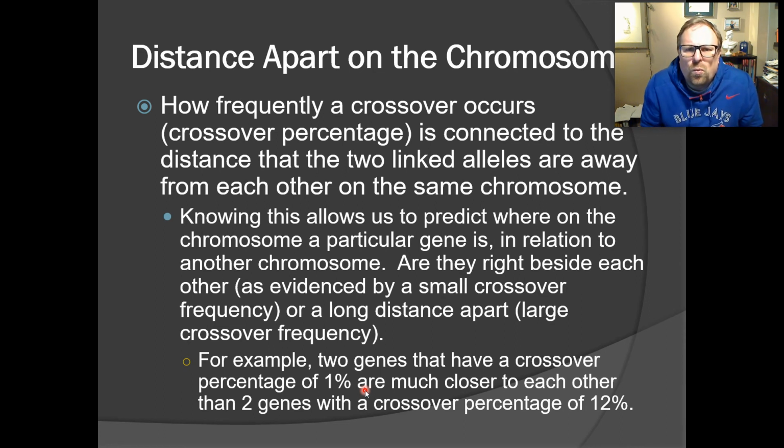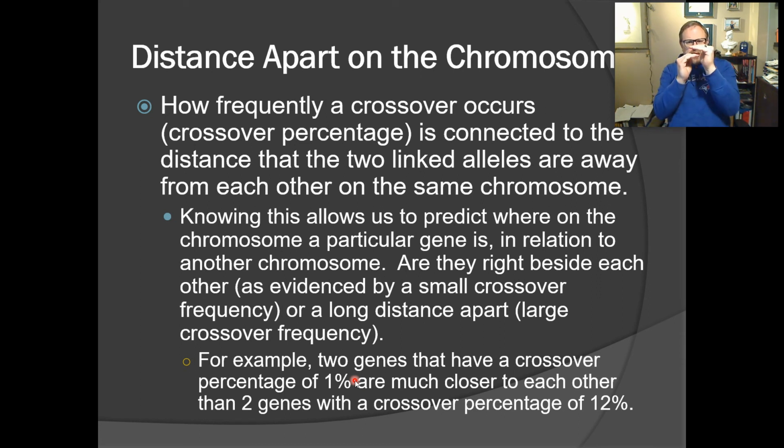So what I also wanted to talk about is we can get an expectation as to how frequently crossing over will take place based on how close those two linked genes are on the chromosome. Very simply, the way to think about this is if one of your linked genes is way at the top of the chromosome and the other is way at the bottom, there's a much better chance that we could end up with a cut anywhere along the way that would cause them to be separated.